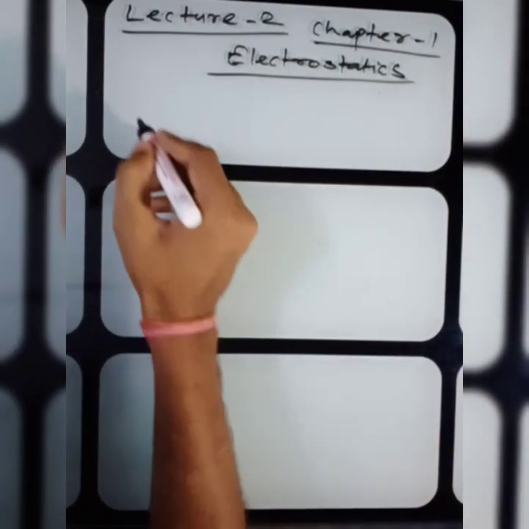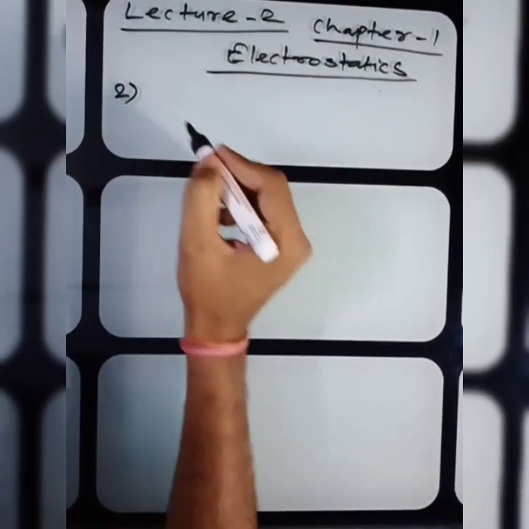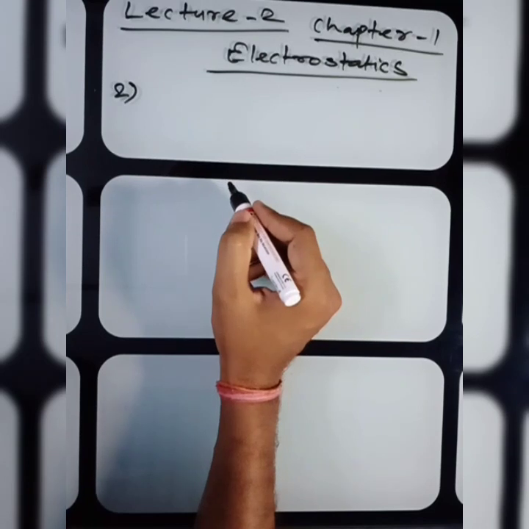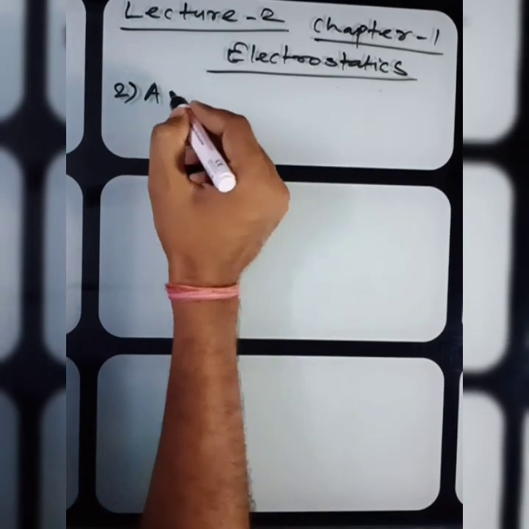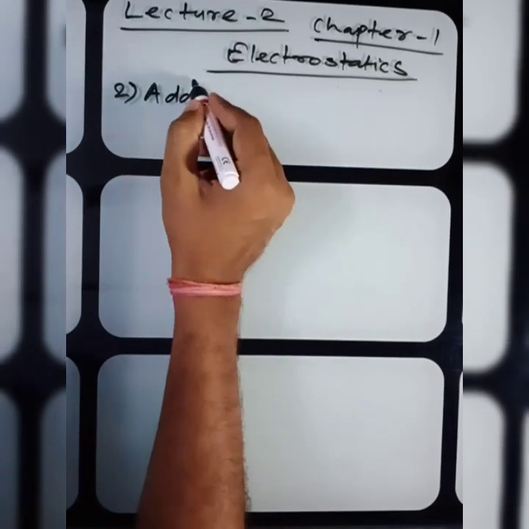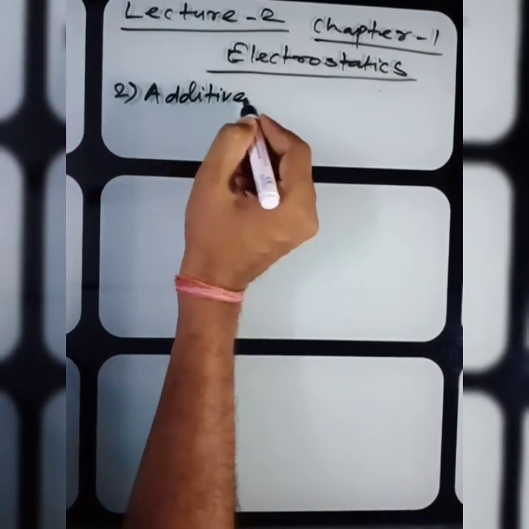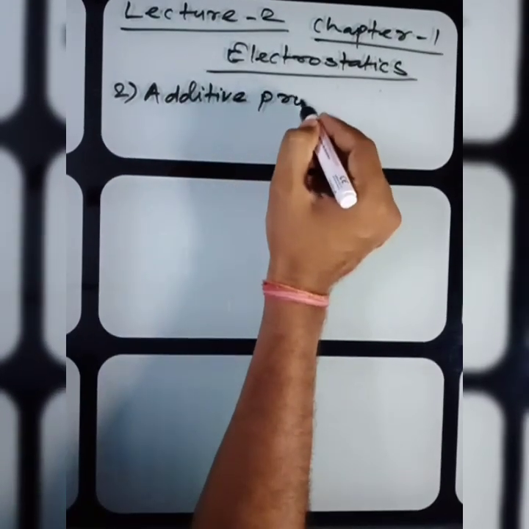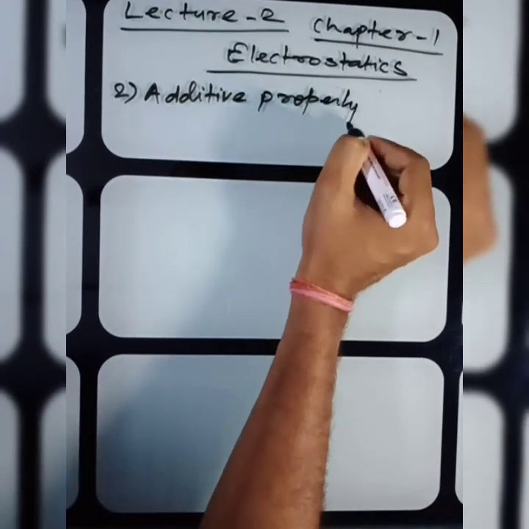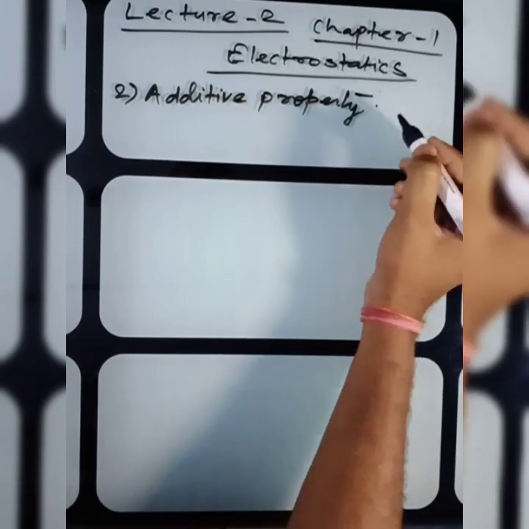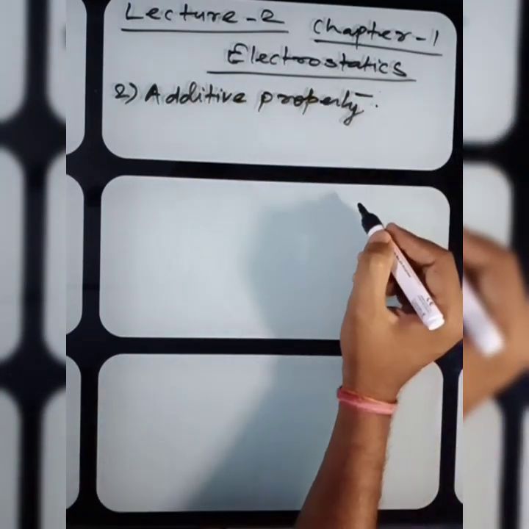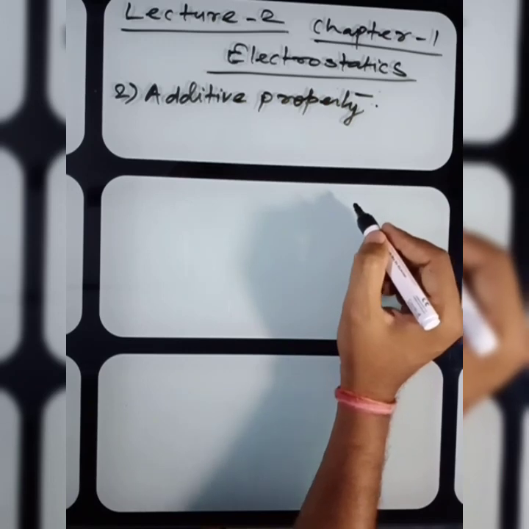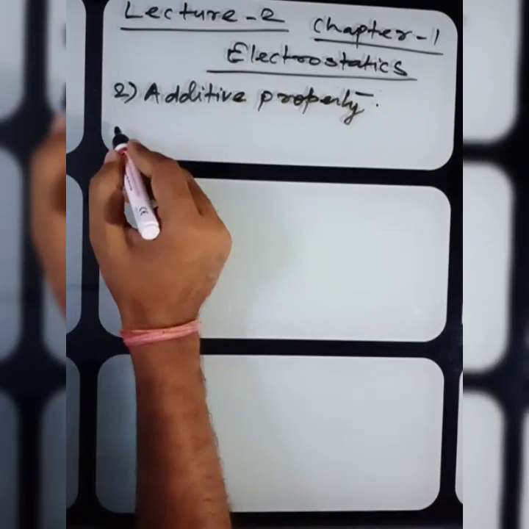Now the second property of charge, students, it has additive property, that is, the charge is additive in nature. Charge can be added to any body algebraically because charge is a scalar quantity.